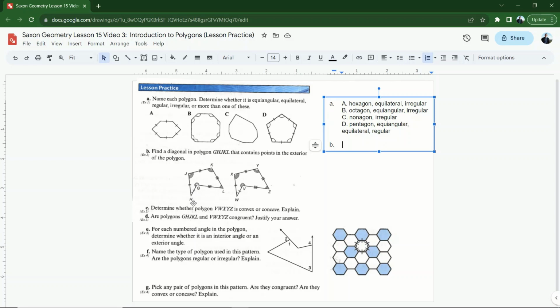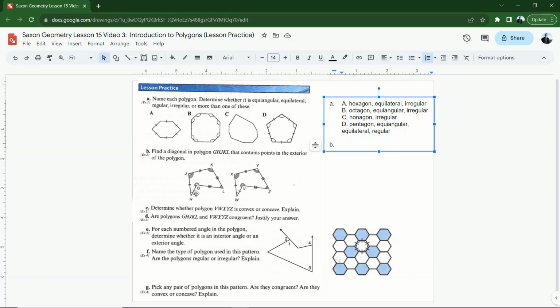But what I can't do is HJG because G doesn't come after J. It's not a consecutive vertex with J. So therefore, I'm not able to name HJG. It could be HJK, but not HJG.